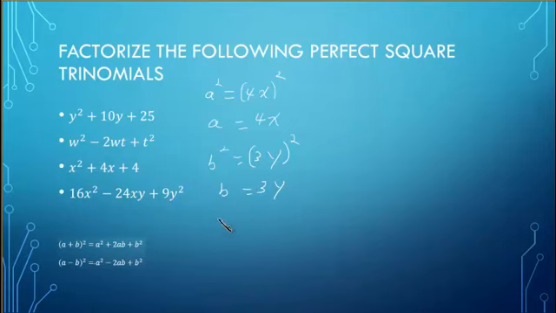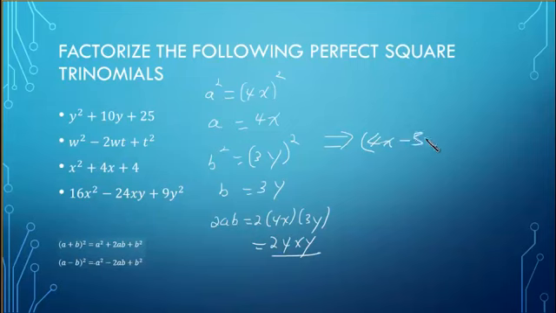So let's check and see what is 2ab. 2ab is 2 times 4x times 3y, which gives us 2 4s are 8, times 3, 24xy. Is that what we have here? Yes. So all of this implies then that we can factorize this as a minus b squared, which is 4x minus 3y quantity squared. And so we have factorized this last expression.